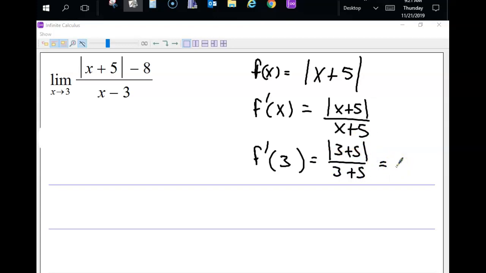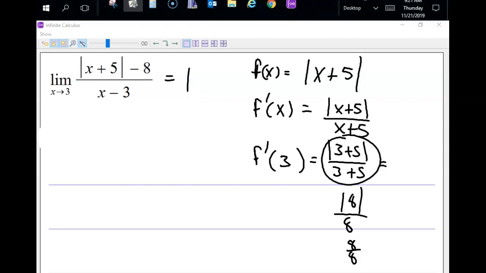Trisha, what's the final answer? Well, how about you tell me what this equals, and we'll call it even. Well, this is 8, right? Like you said. But it's the absolute value of 8 over 8. The absolute value of 8 is 8. And 8 over 8 is what?